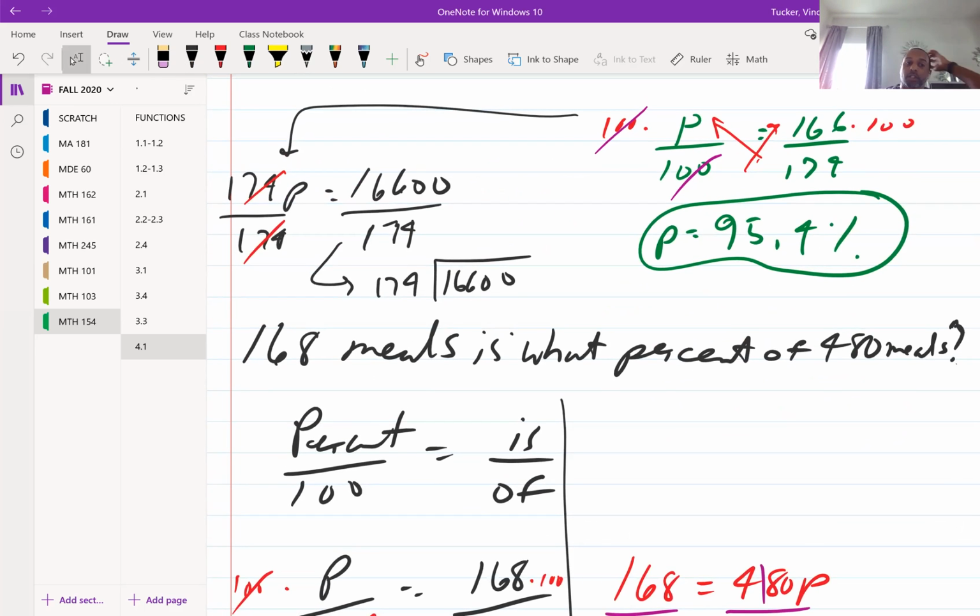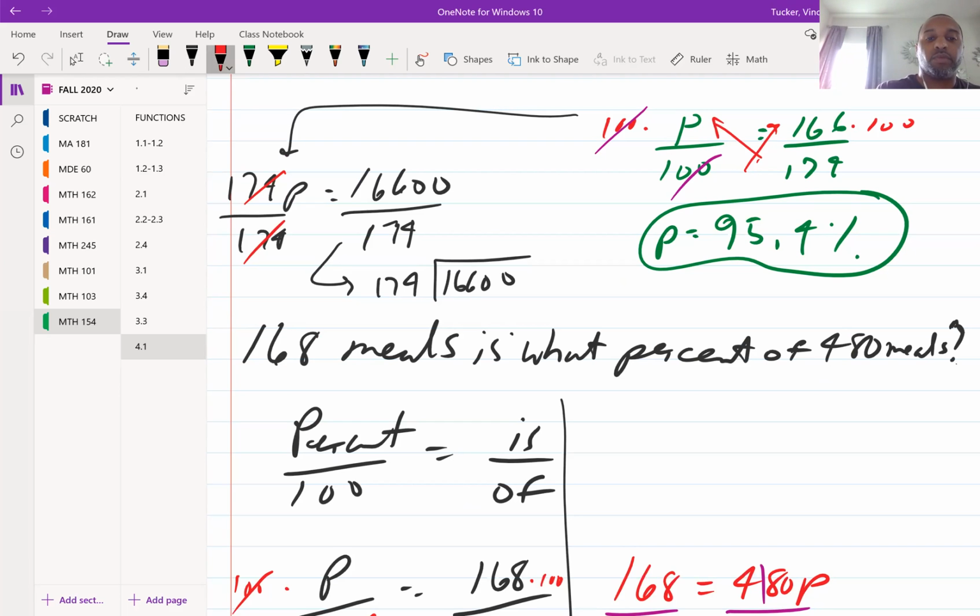All right. So 168 meals is what percent of 480 meals? Another way of looking at your relationships is is over of equal to percent over 100. Percent is always over 100, and whatever is connected to "of" that's not your percent will be your whole.